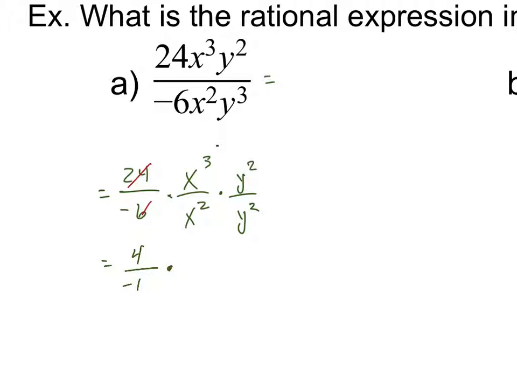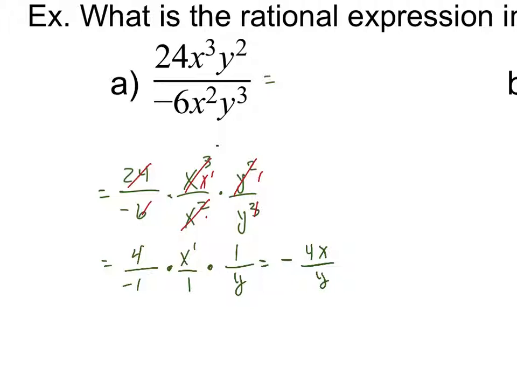And then x to the third over x to the second becomes simply x to the first over 1, times y squared over y to the third, which becomes 1 over y. When we combine everything back, we're going to have negative 4x over y, and that is the simplest form of that expression.